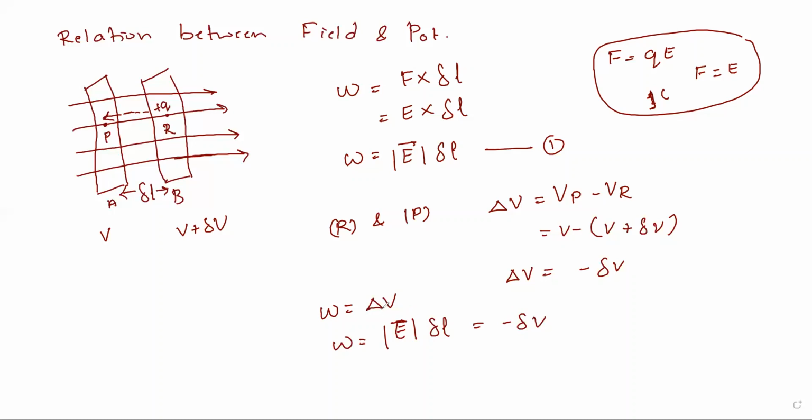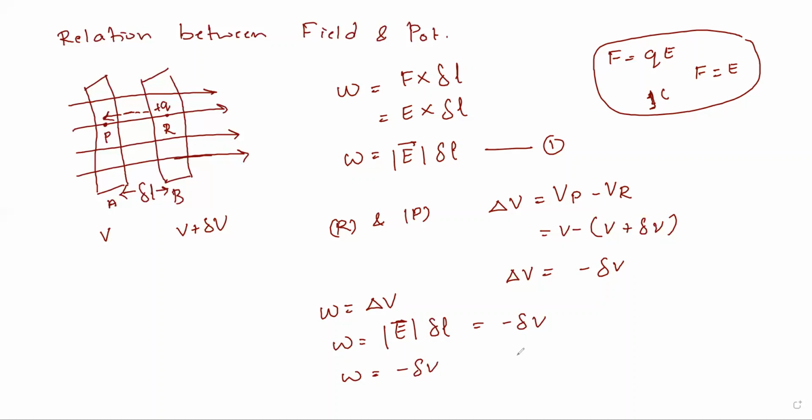W is equal to delta V, and delta V is nothing but minus delta V. So in simple terms, I took W is equal to minus delta V. See, we are saying W is equal to delta V, and delta V is nothing but minus delta V, so I consider W is equal to minus delta V.